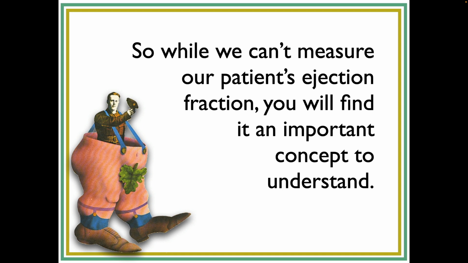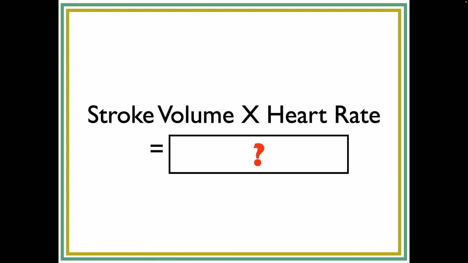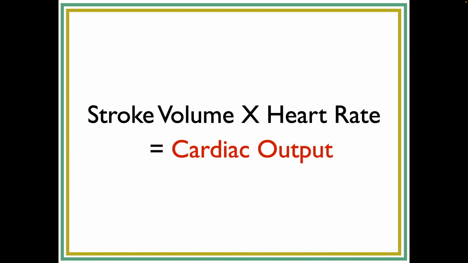Okay, moving along. Two equations are useful to know because they explain the relationship of things in the heart. Stroke volume times heart rate is cardiac output. Just as a reminder, Chris, what's stroke volume? It's the amount of blood pushed out of the heart in one contraction.